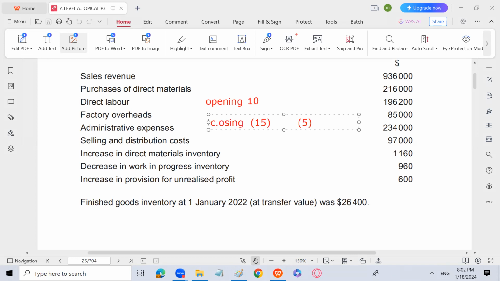So if in the question it has been given that the inventory has been increased by 5, it means that you have to subtract it from cost of production. So increase in inventory means that the opening and closing difference is given. And if the difference is increasing, it means that you have to subtract 5 from the cost of production. And if the difference is decreasing, then you have to add that amount into cost of production.